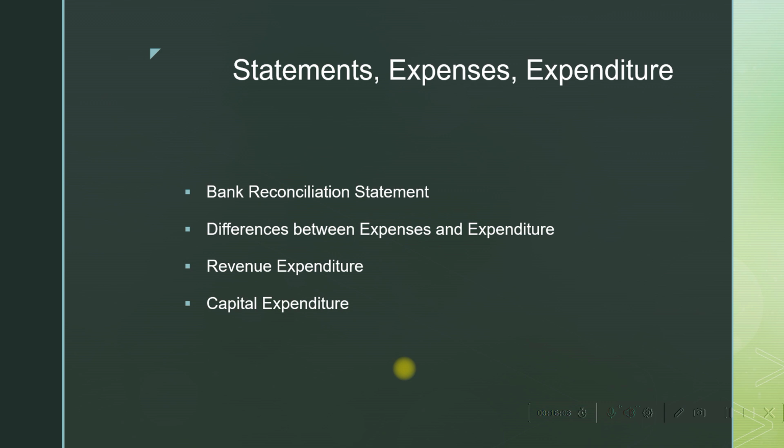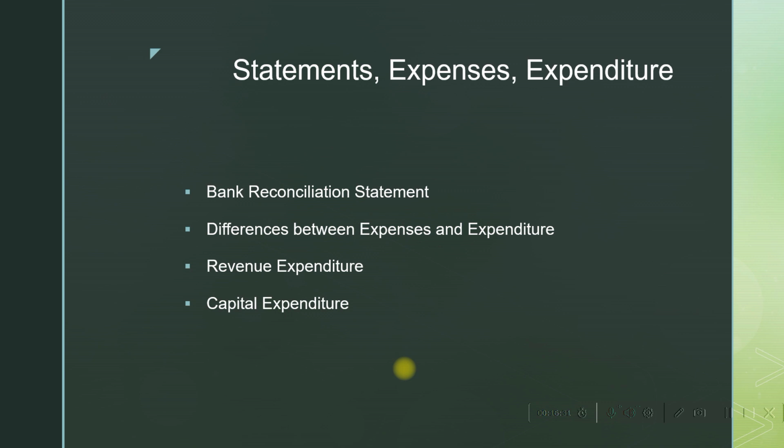Revenue expenditure or revenue expense is a recurring expenditure or expense which is generated in the current year only. If due to an expenditure, revenue is earned in a short duration of time or the purpose of the expenditure is to earn income, that expenditure is also termed revenue expenditure. To rephrase it, revenue expenditure provides benefits in the current period.